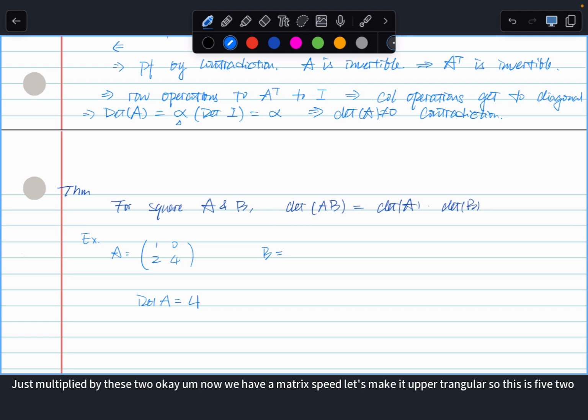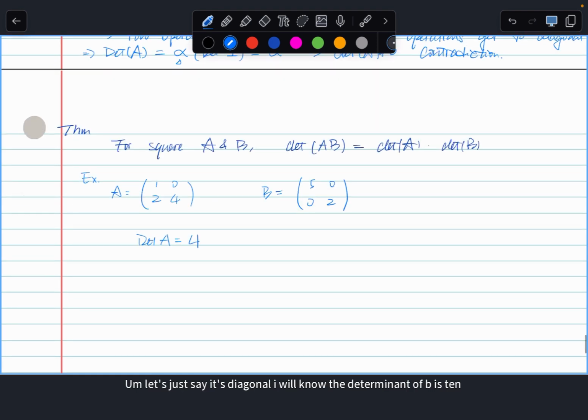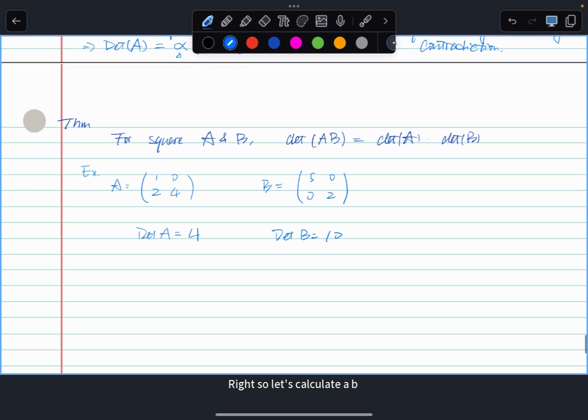Now we have a matrix B. Let's make it upper triangular. So this is 5, 2. Let's just say it's diagonal. And we know the determinant of B is 10. Right, so let's calculate AB.